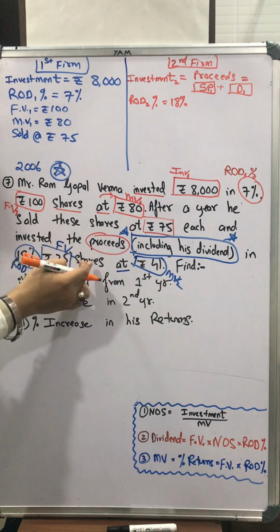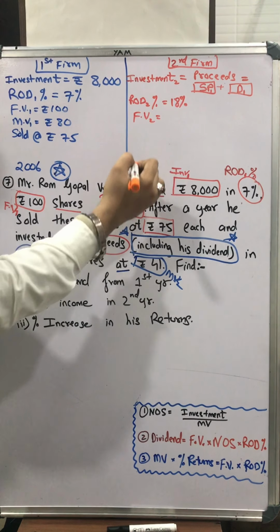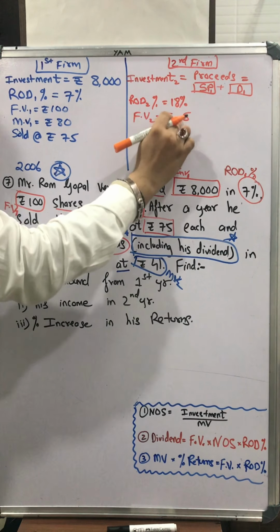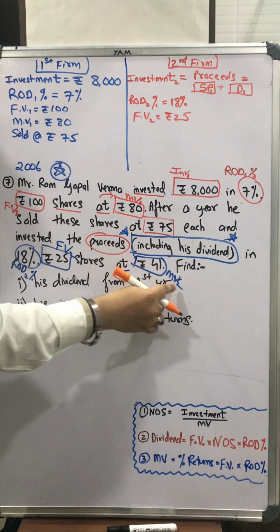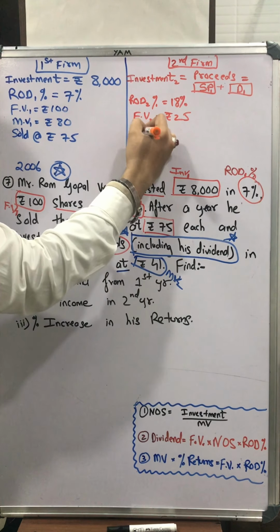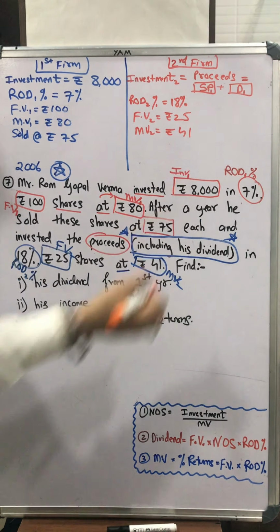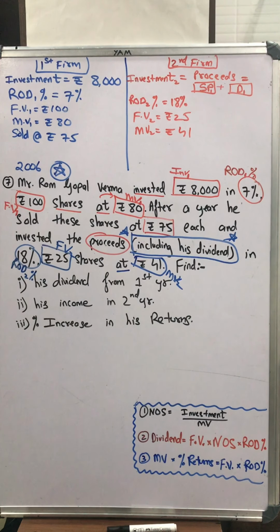It's the face value. So face value for the second is rupees 25 at rupees 41. Market value of the second firm is rupees 41.